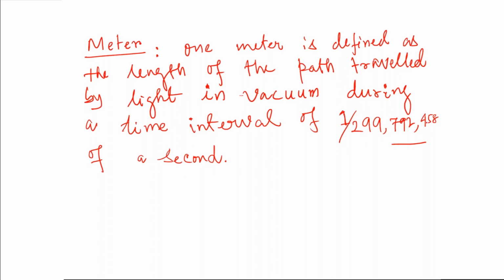If you see, it is of the order of 10 to the power minus 10 second. So in this much fraction of a second, the length traveled by light is called 1 meter.